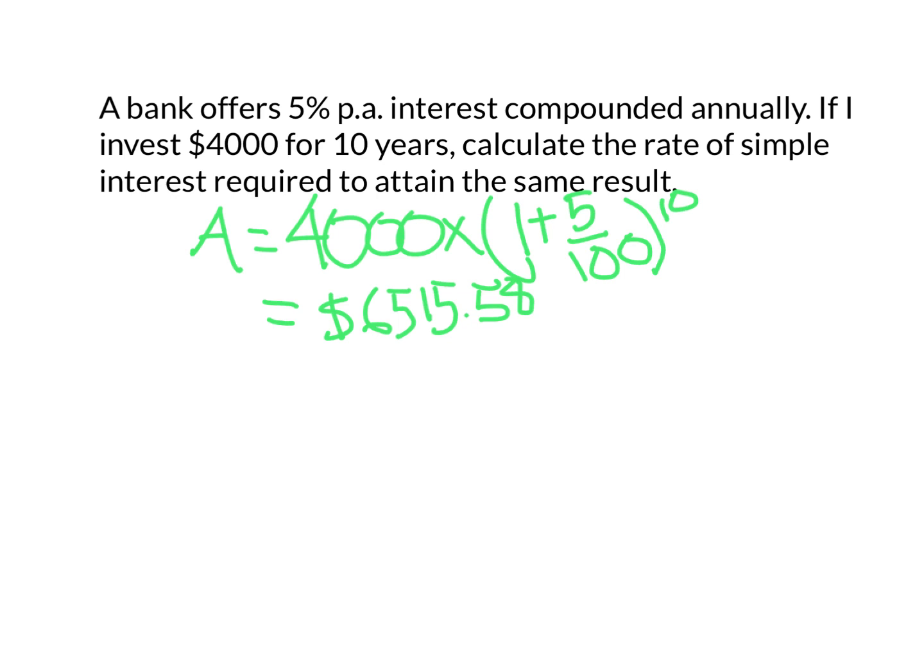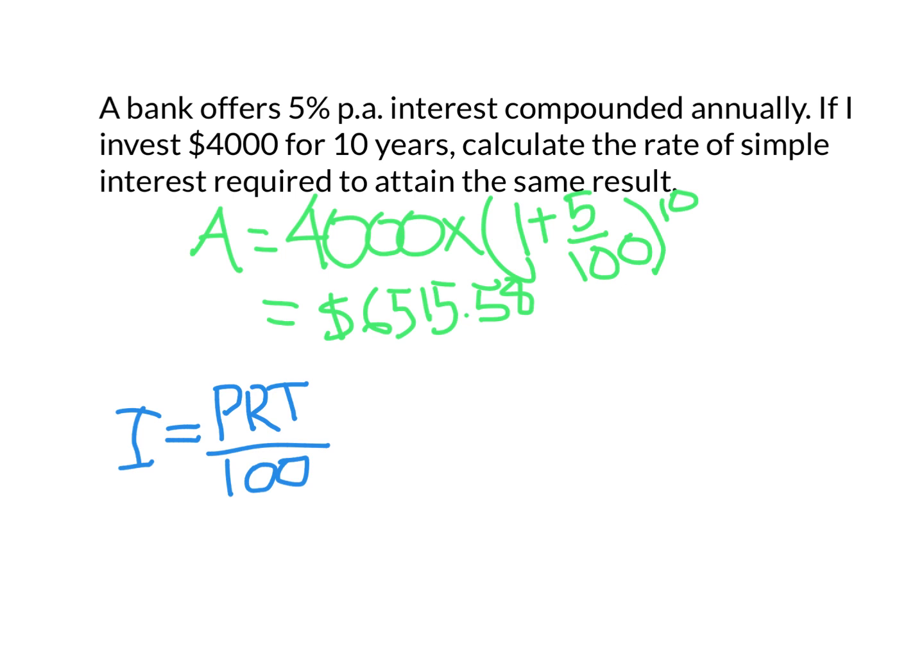So how do we find the rate required using simple interest? Well, we're just going to use the formula that was on the screen last time. So the simple interest formula is I equals PRT over 100, P, R, and T having the same meaning as in compound interest. So P is the principal, how much you start with, R the rate, T the time, I the interest.